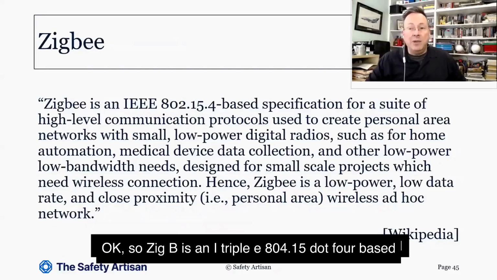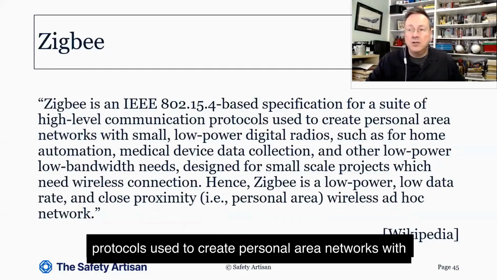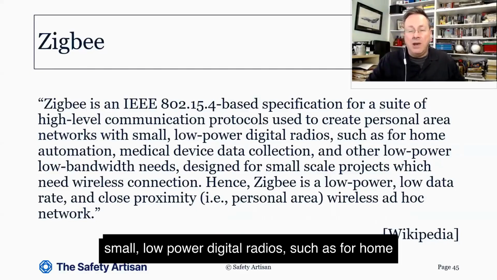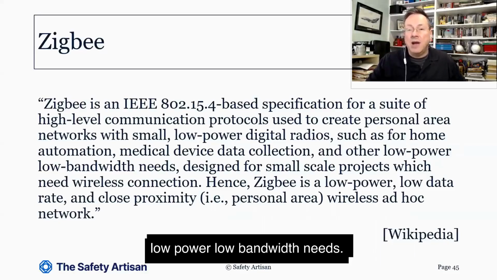Okay, so Zigbee is an IEEE 802.15.4 based specification for a suite of high-level communication protocols used to create personal area networks with small, low-power digital radios, such as for home automation, medical device data collection, and other low-power, low-bandwidth needs.